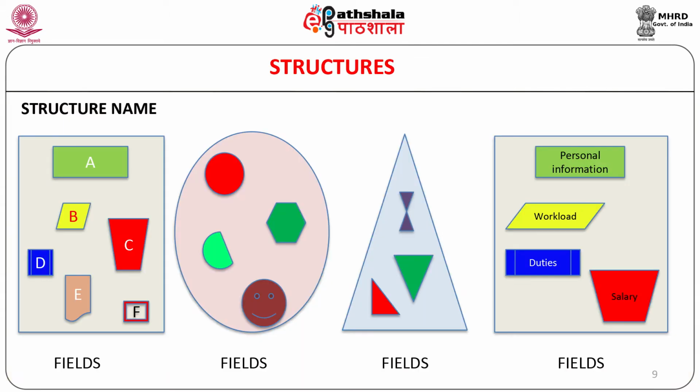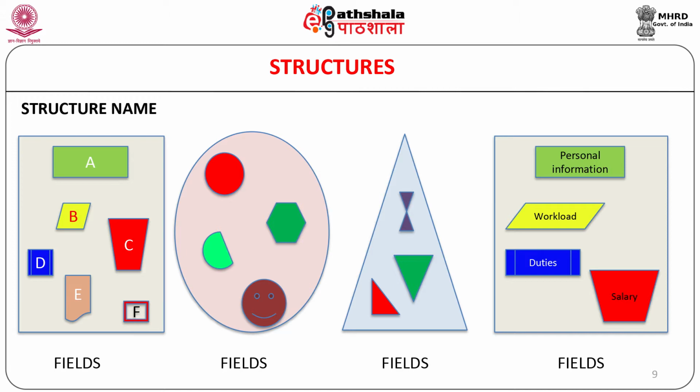Let us see the images of structures. On the screen, you can see there are 4 different images shown. In this, you can understand the basic concept of structures. You can see there is a circle, triangle, square, and rectangle.